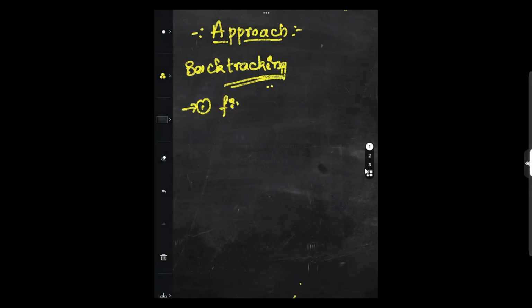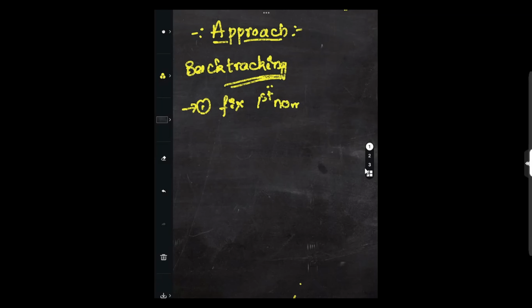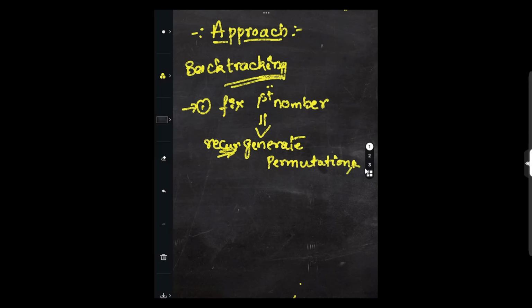First we fix the first number and recursively generate permutations for the rest. This is the first step.